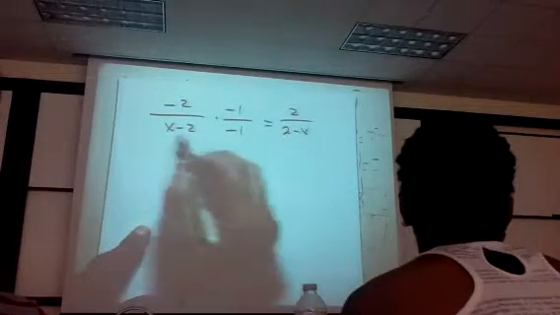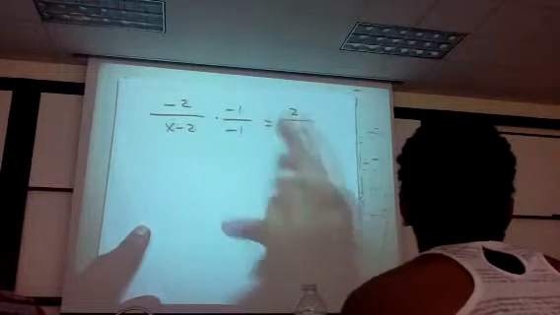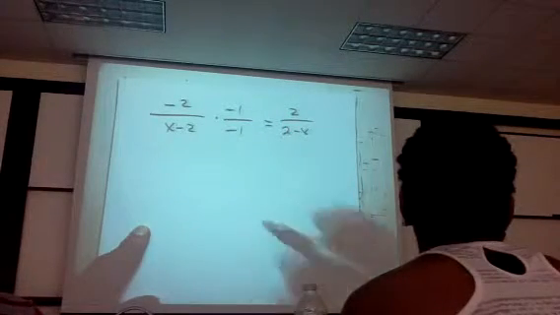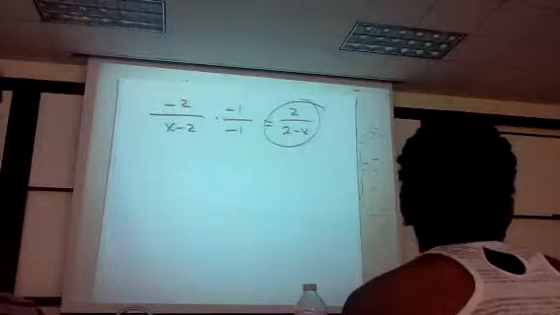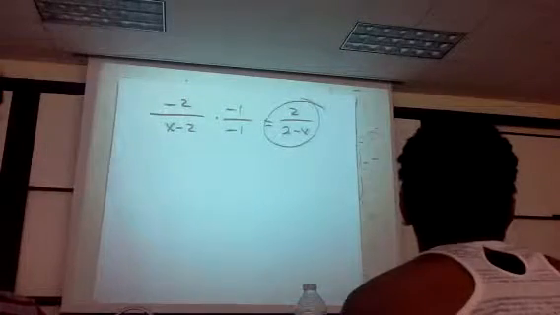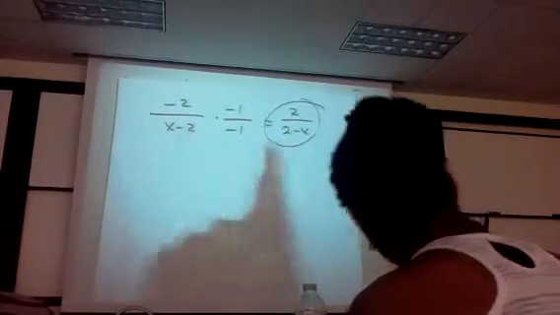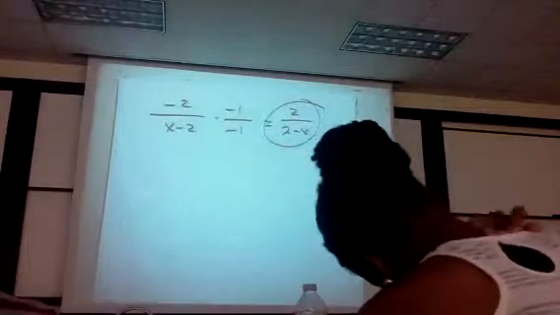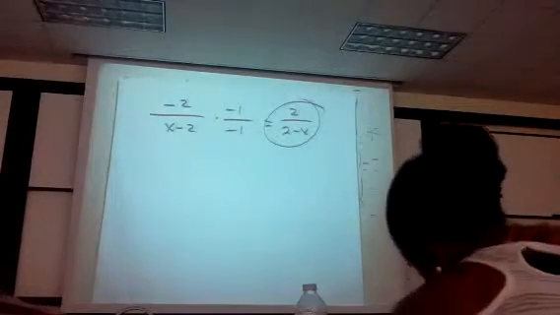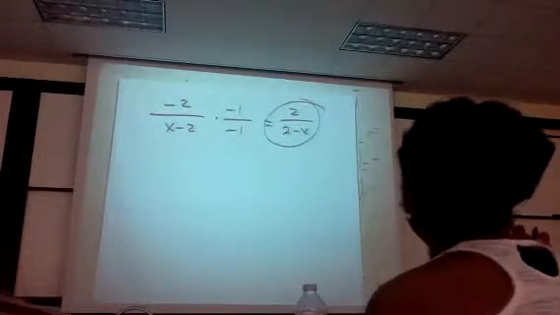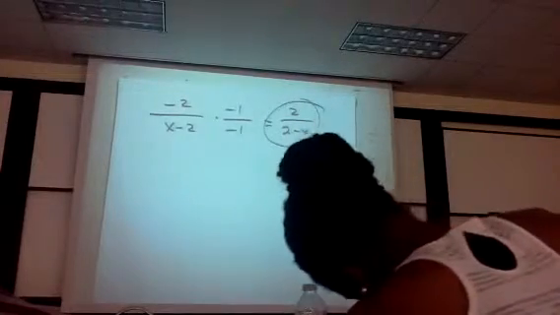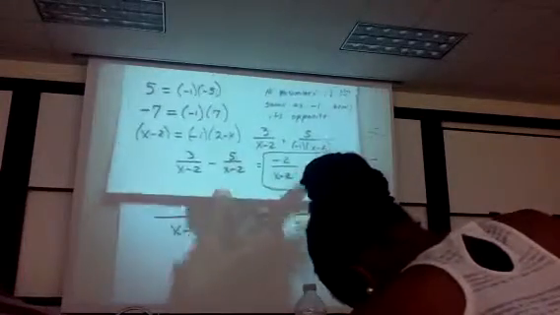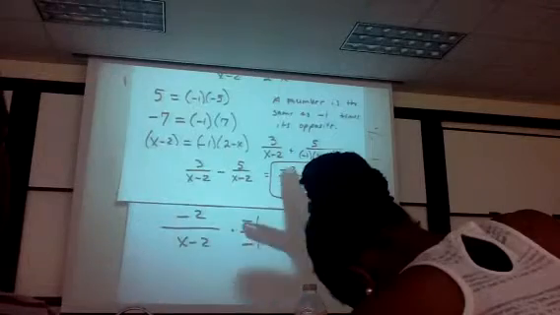Or I could put negative x plus 2, but typically we write the positive value first. So that's what I would have gotten if I would have changed the first fraction. Same thing. I'm just multiplying by 1 here. So it's the same thing, just a different way to express it. That's a good question. So those are the same.